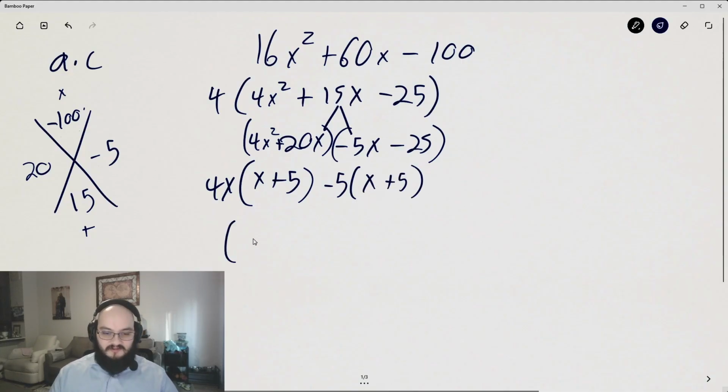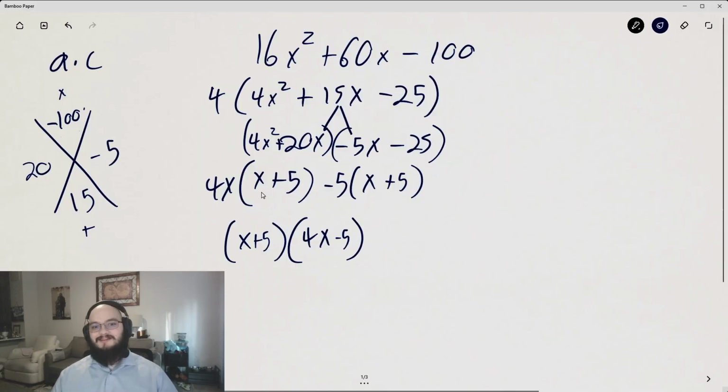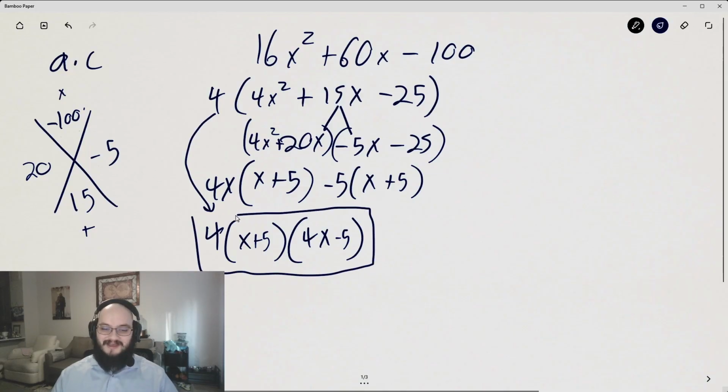The stuff inside the parentheses becomes our first factor, and the stuff outside the parentheses becomes our second factor. And unlike the last example, I'm not going to forget to bring down the 4 that we factored out at the beginning, to make our final factorization 4 times x plus 5 times 4x minus 5.